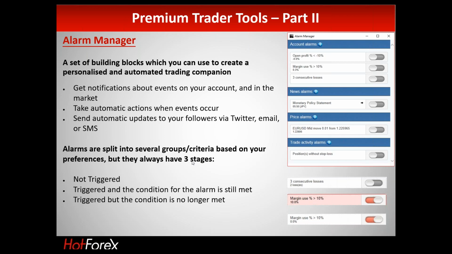Let me give you an example. I want to get an alert every single time my margin is below 10% of my account, or I want to have an alert whenever my Euro USD moves 10 pips down, let's say, because I want to enter the market at that moment.